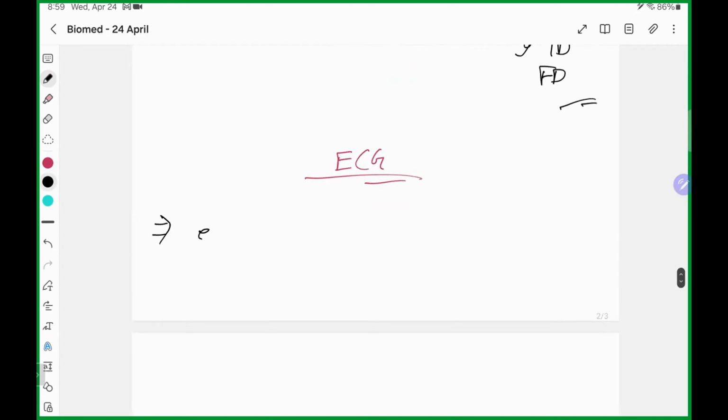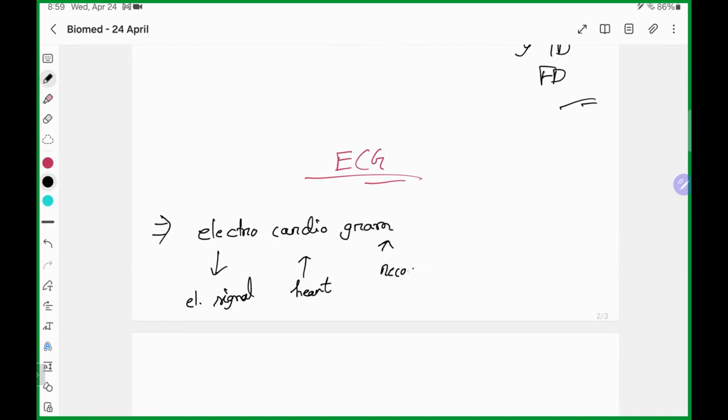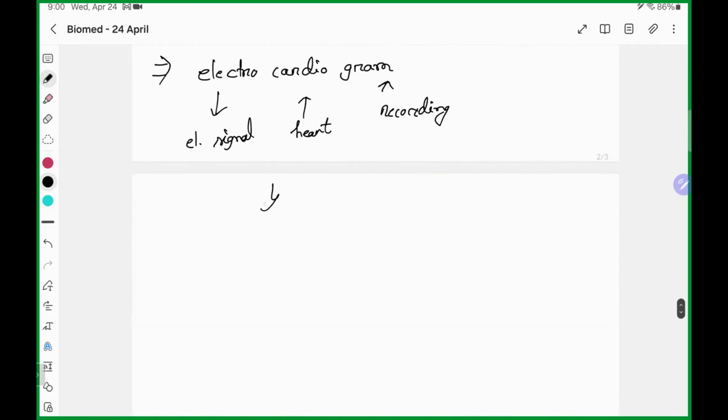Now, ECG stands for electrocardiogram. Electro means the electrical signal, cardio means the heart, and gram means some kind of recording. So ECG is the recording of the electrical activity of the heart.